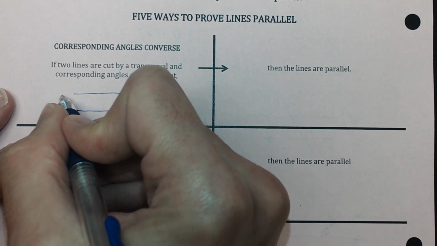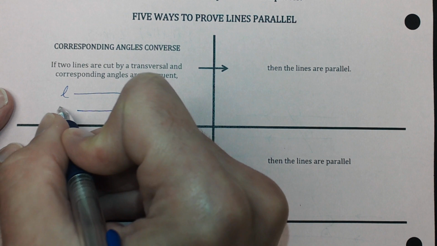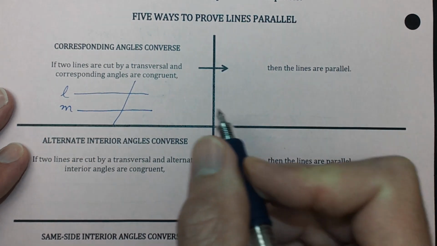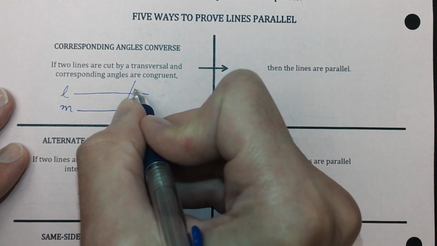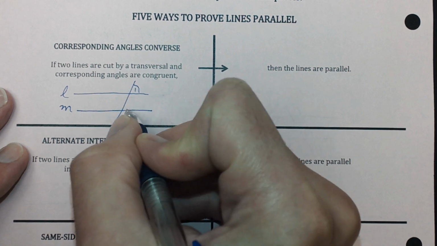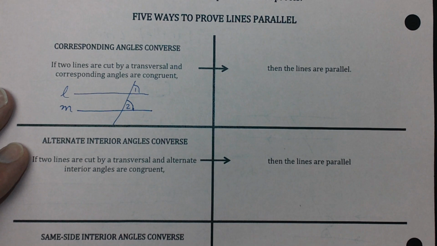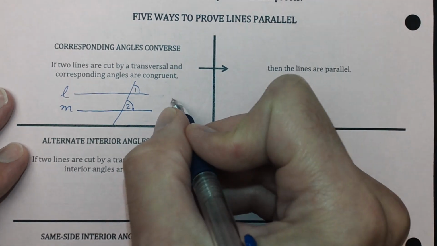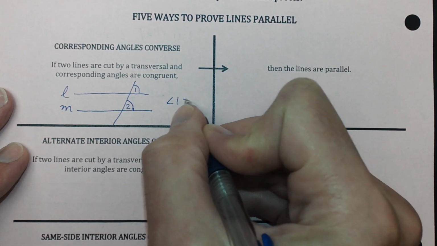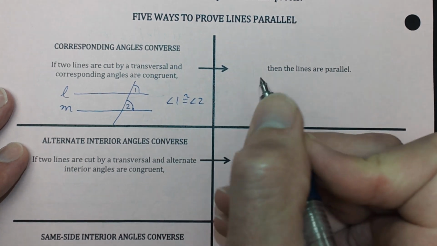So let's call this line L and line M. And we're going to say corresponding angles 1 and 2 are congruent to each other. So angle 1 is congruent to angle 2.